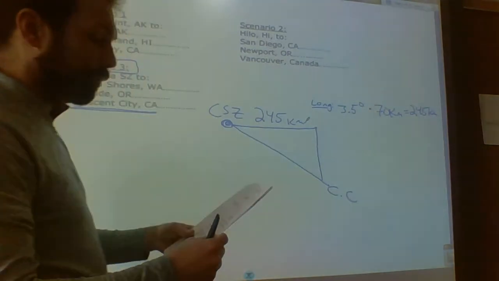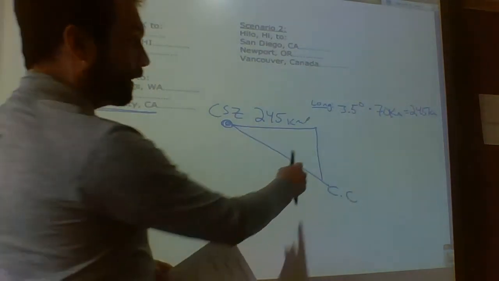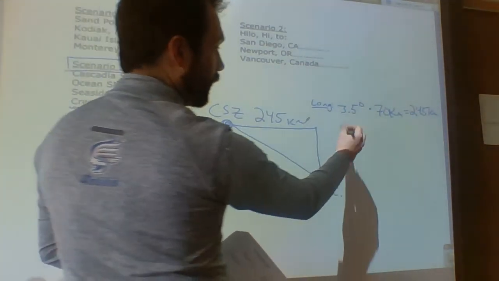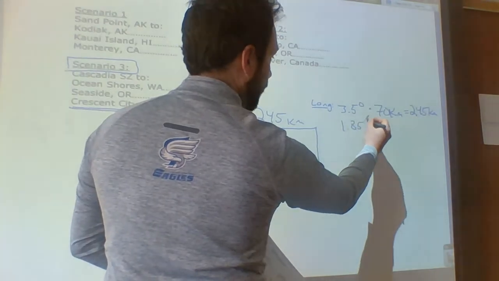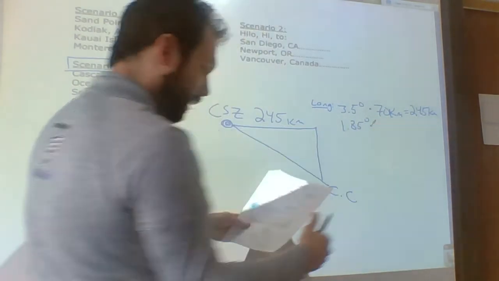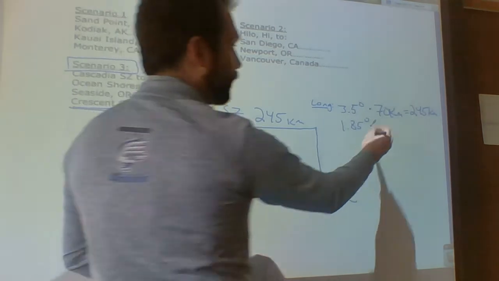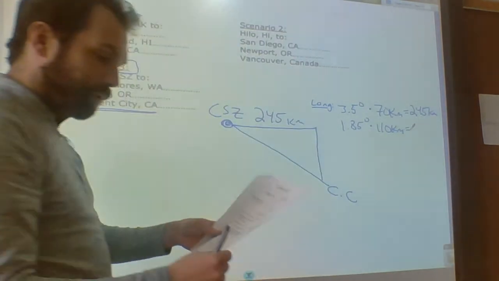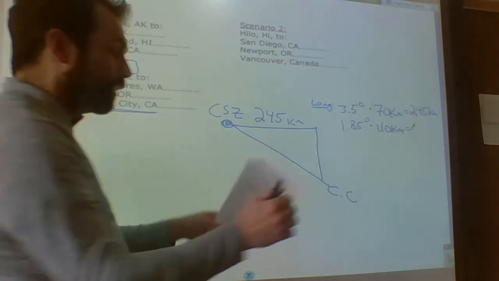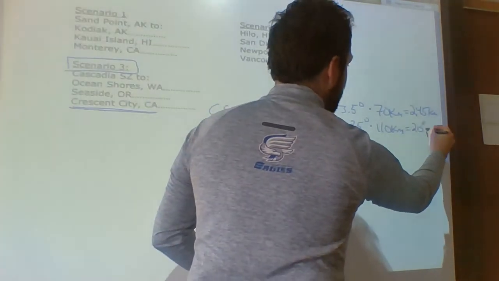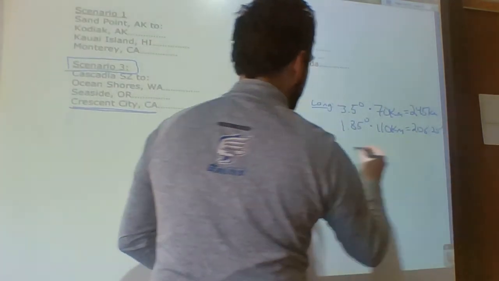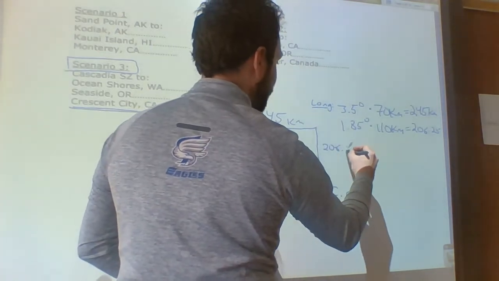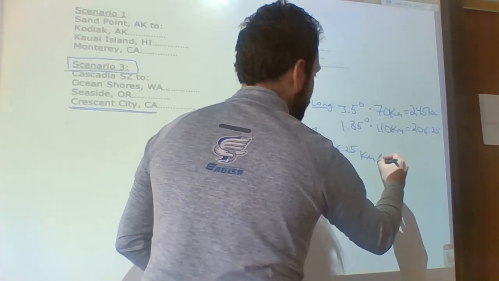I get 245 kilometers. Now my latitude here was 1.85 degrees. And for latitude, we get 110 kilometers for every 1 degree. So I got 206.25 kilometers.